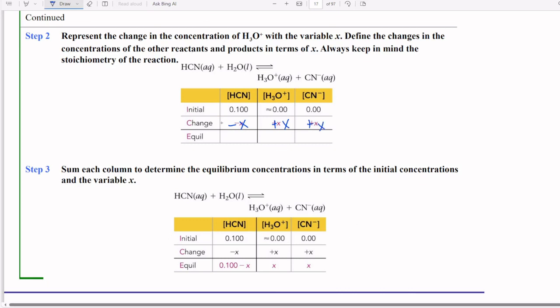Because for our balanced equation we have a 1 to 1 to 1 mole ratio. For every 1 mole of HCN that we lose, we gain 1 mole of H3O plus and 1 mole of the cyanide. We don't know exactly how many moles that's going to be, so we're just going to call that X.